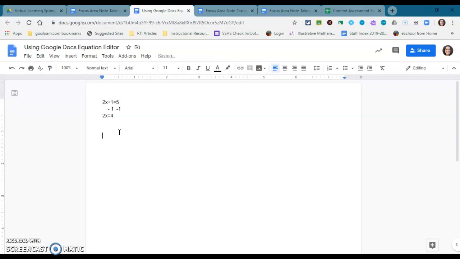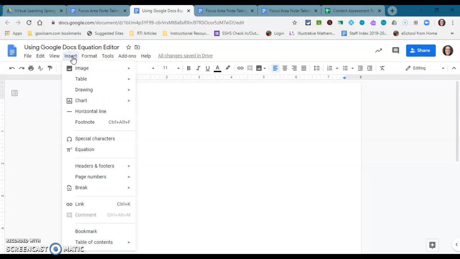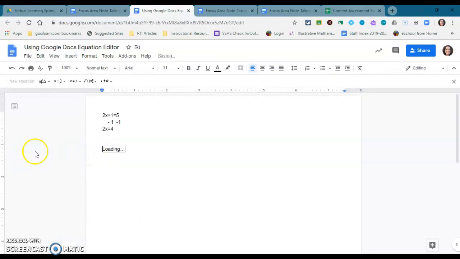So let's say we're doing something a little bit more complicated, or we want to make things a little bit neater. Where you're going to go is Insert, and then this option here, Equation.